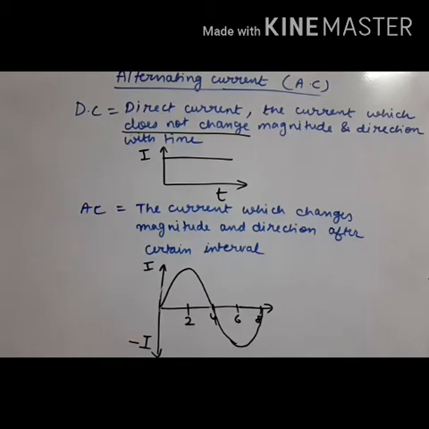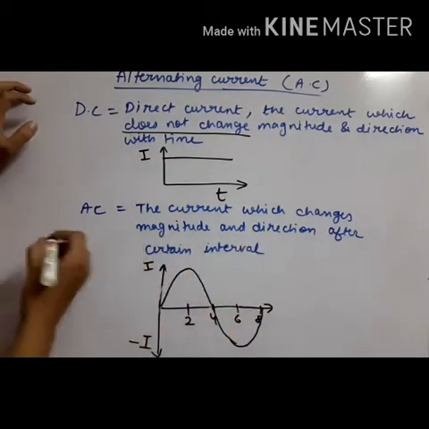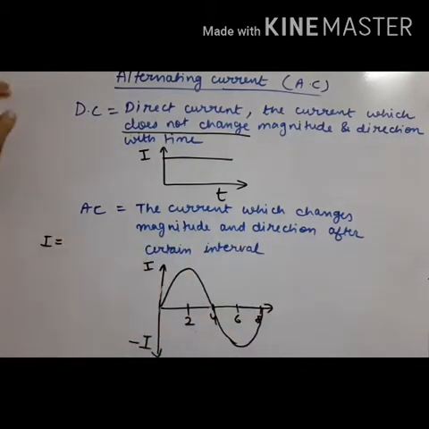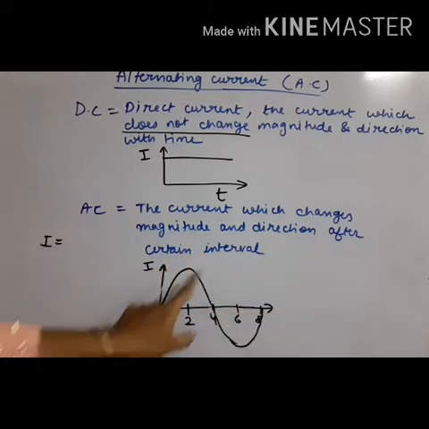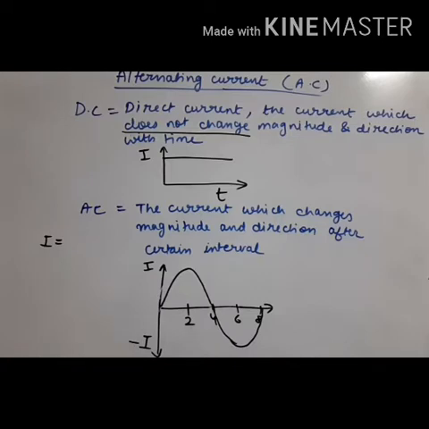Alternating current. Now, which trigonometric function will be suitable to show AC? This wave type of graph relates to the sine graph and cos graph.